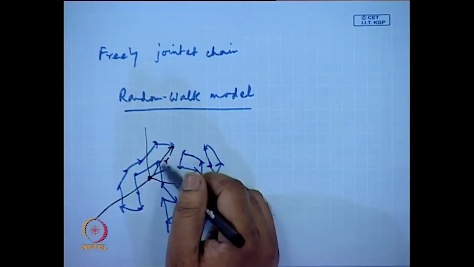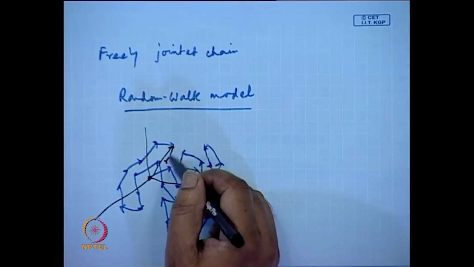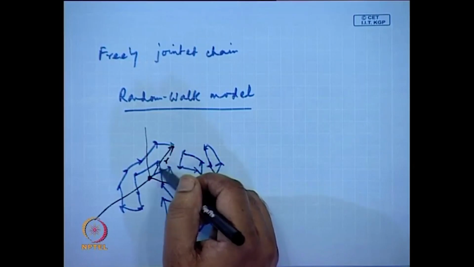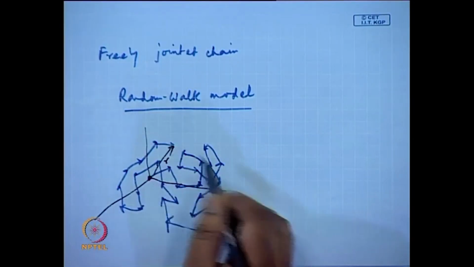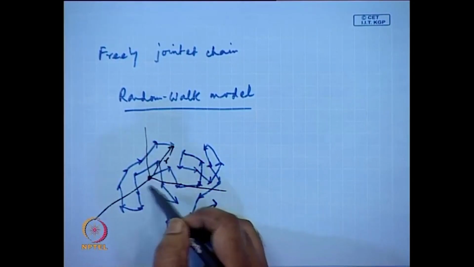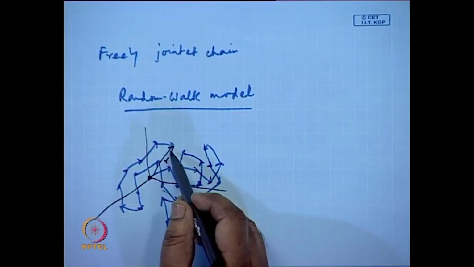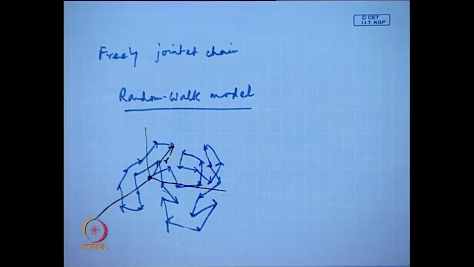What is found is the probability of the other end being at a distance of r from the origin. You put one chain end at the origin of a 3D coordinate and find the probability that the other chain end would be at a distance of r from the origin.